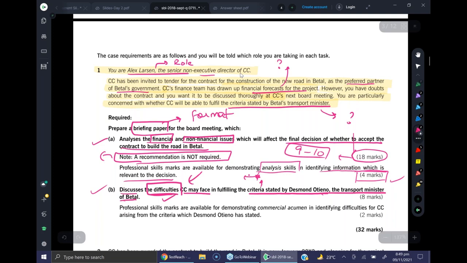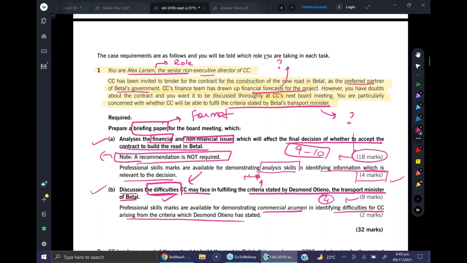So for 8 marks again, I will be discussing at least 4 points. And professional skills marks are available for demonstrating commercial acumen and identifying difficulties for CC arising from the criteria which Desmond has stated. So Desmond has given us a very quick criteria in one of the exhibits.